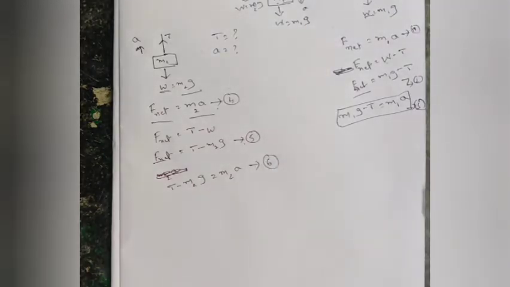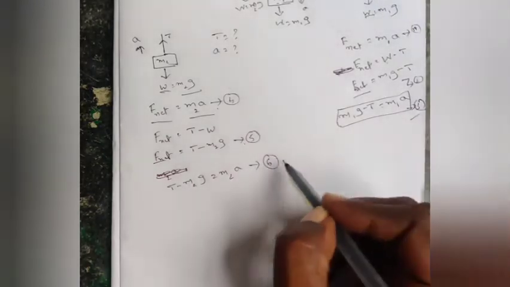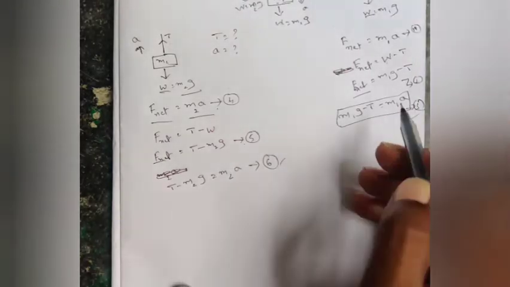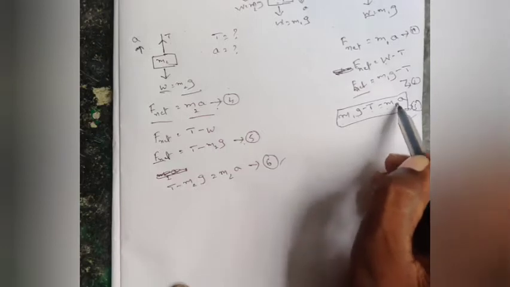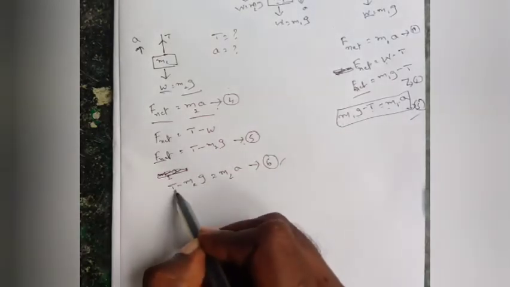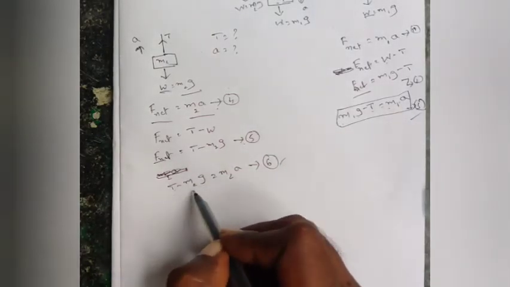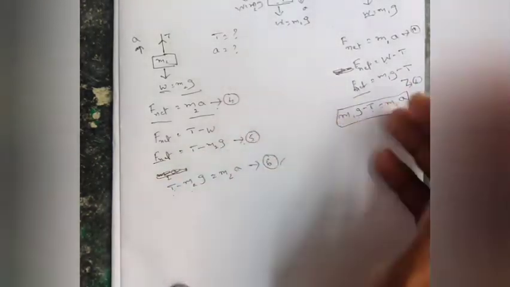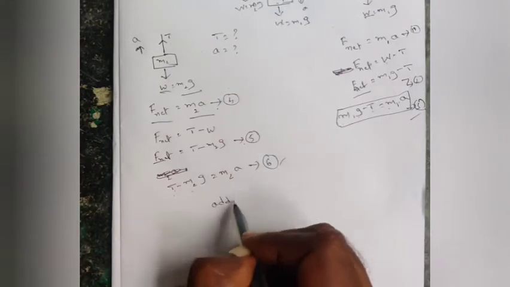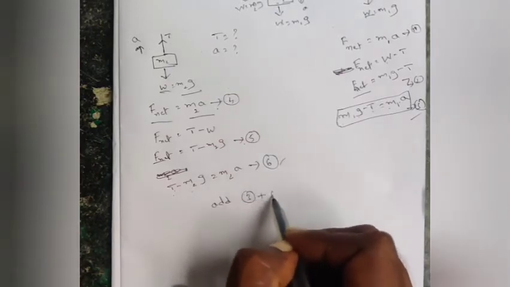So we got equation number 3 and equation number 6. Equation 3 is m1g minus tension equal to m1a. Equation 6 is tension minus m2g equal to m2a. Now add equations 3 and 6.